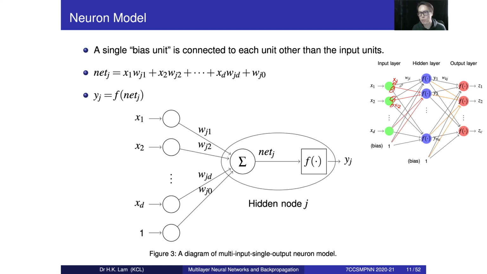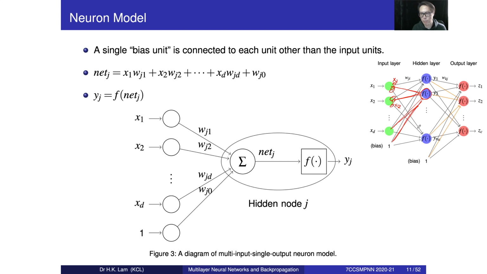For example, if we follow this line from x1, this line from x2, this line from xd, and the bias, I'm going to draw this hidden node right here, and instead of calling it y2, I just call it yj, where j goes from 1, 2, up to nh.